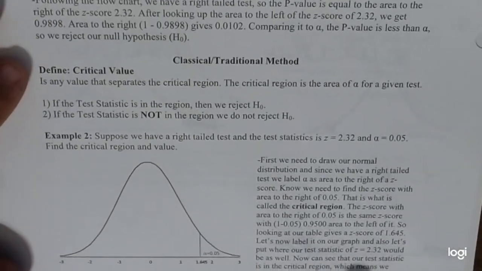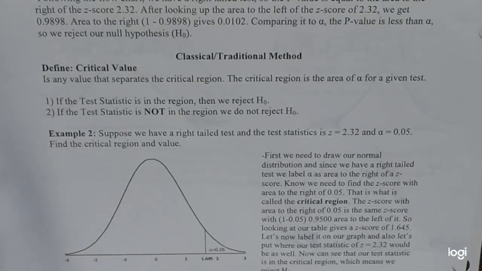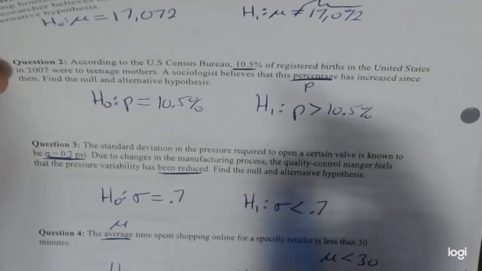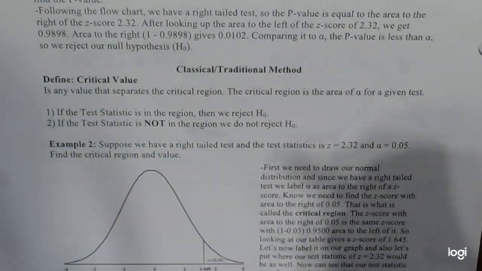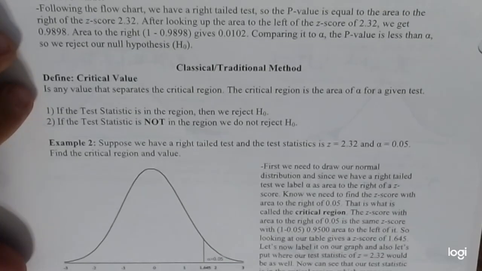So when we do the classical or traditional method, what we want to do is test: do we reject or do not reject? In other words, after we do all this testing, which one is going to be true? We've got to figure out which one it is, and that's what we're going to be dealing with here. So first, we want to define something called a critical value. It is a value that separates the critical region.